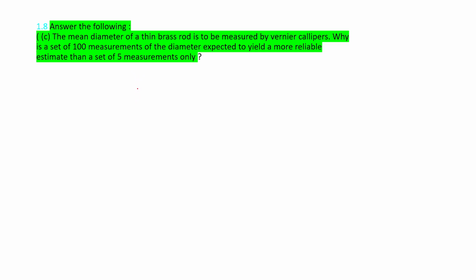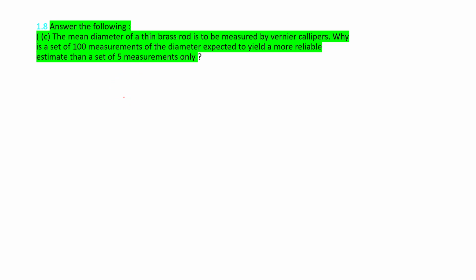Whenever you do any measurement with vernier or screw gauge, you will do 5 or 6 trials, so you will do more measurements. But here they say 100 measurements. If you do, it will give you a better result.